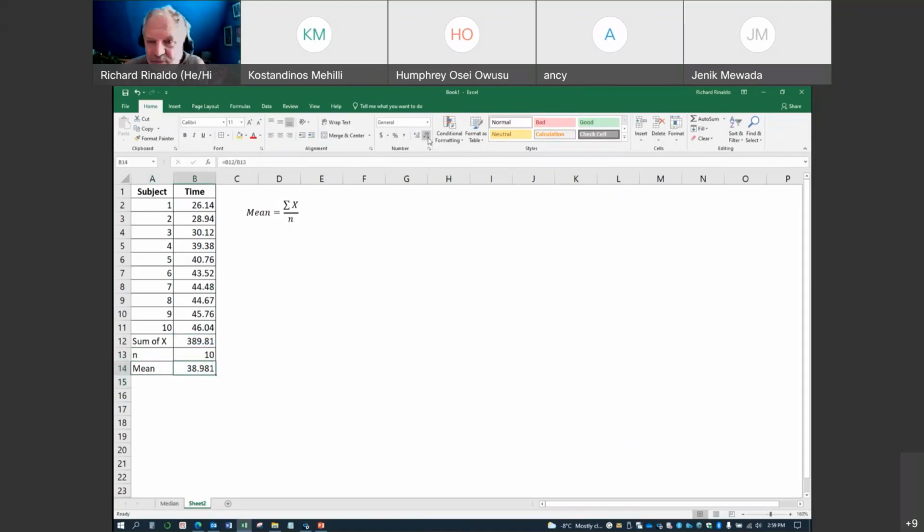Now, the median, I'll just quickly do: the median is between the ranks of 5 and 6.